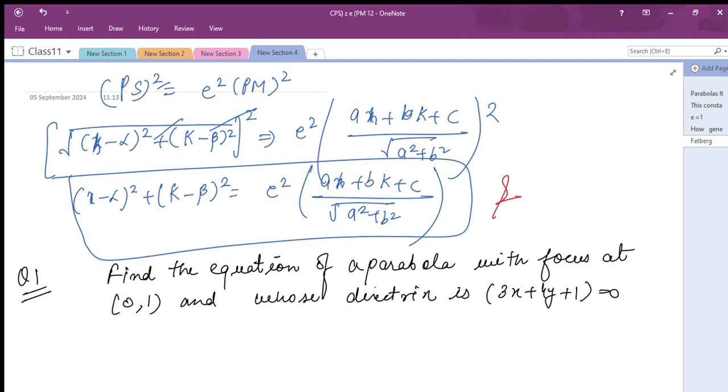So in this question, the question says find the equation of the parabola.